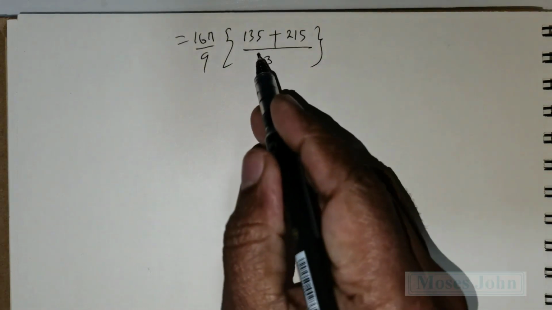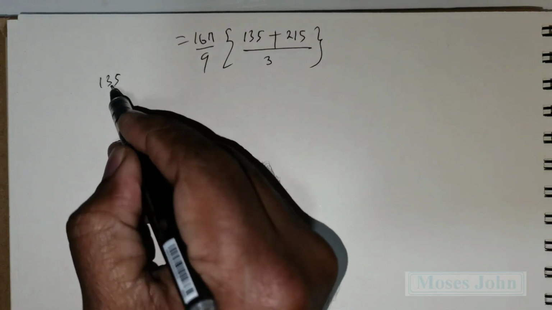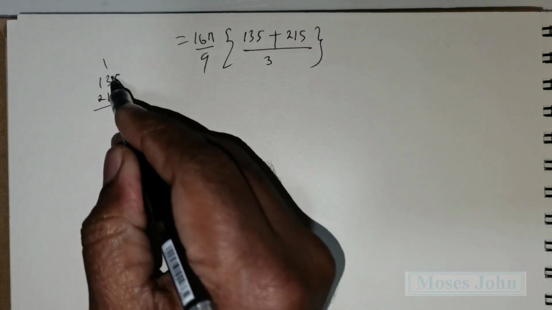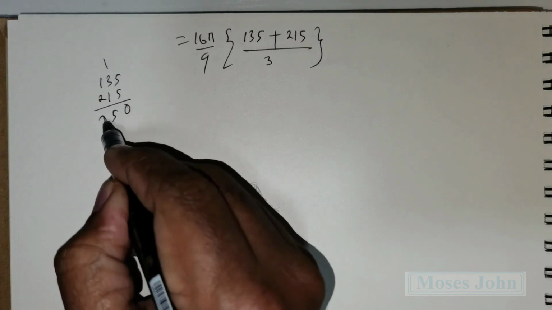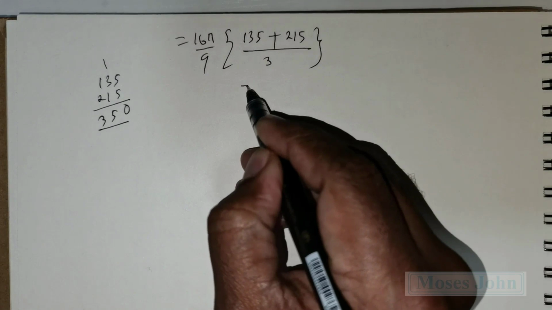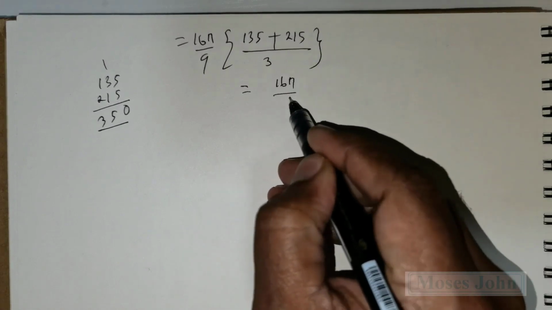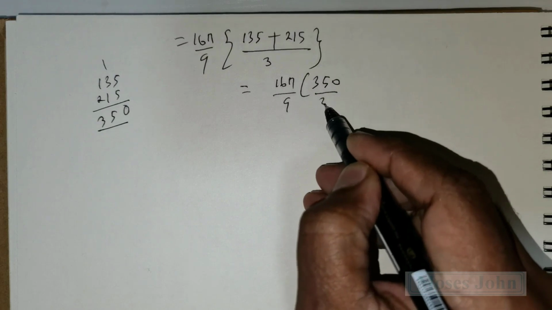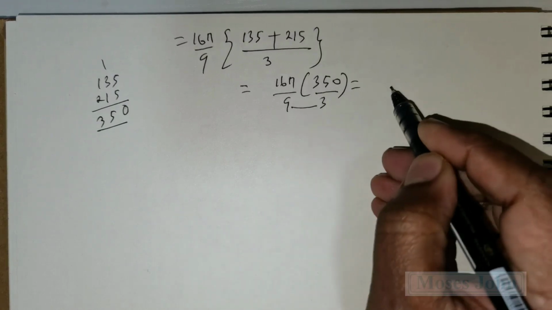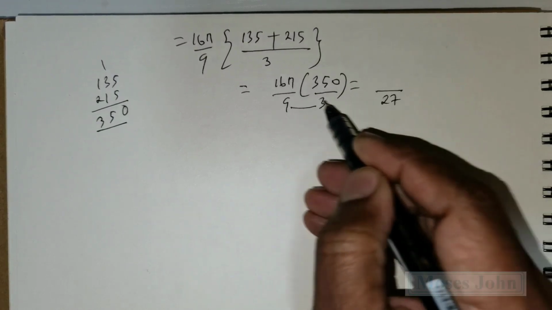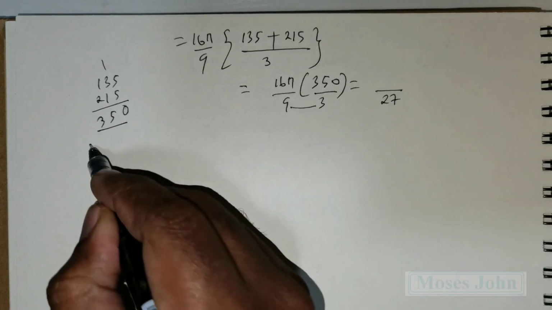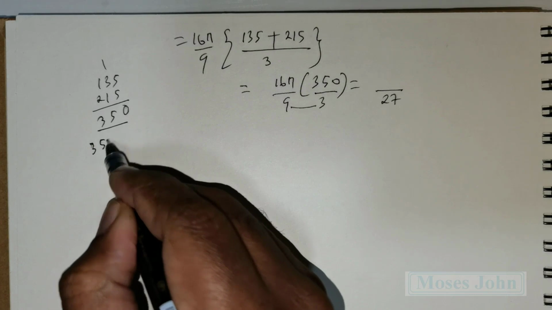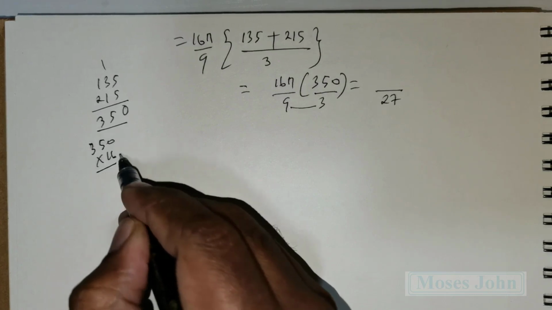If you add 135 with 215, you will get 350. So this is going to be equal to 16 pi divided by 9 of 350 divided by 3. I can multiply 9 with 3, rewrite it as 27, and in the numerator you get 16 pi times 350. So multiply 350 by 16.